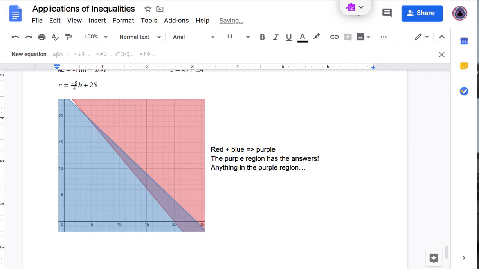So let's do a few samples. So let's see. Remember, we treated B as our X. So babysitting hours is down here, and Culver's hours is over here. So a few possible answers. I could babysit for 20 hours, Culver's for 3 hours.